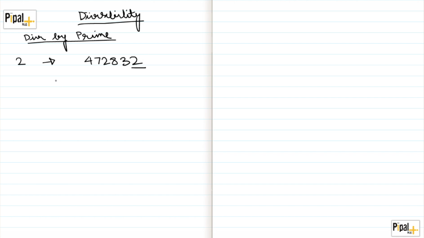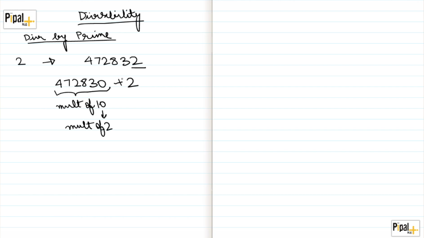The logic is as follows. Let me rewrite the number 472832 as 472830 plus 2, right? Now if I've separated out this 2 here and the number 472830 has a 0 in the end, clearly this is a multiple of 10, right? And 10 is always a multiple of 2.